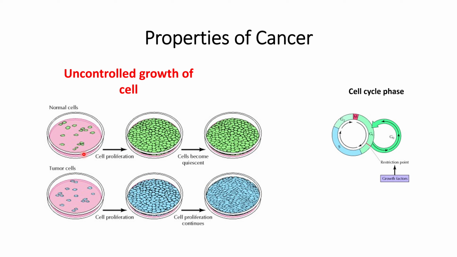This is an example of in vitro cell culture of normal cell and tumor cell. In a normal cell, cell proliferation is related to the growth factor present in the cell culture.